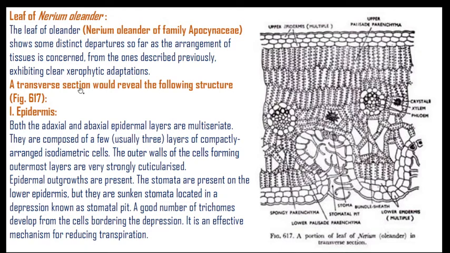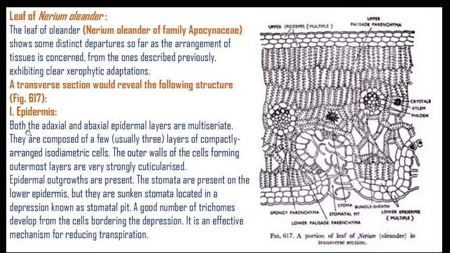The transverse section of a Nerium oleander leaf reveals the following structures: epidermis, mesophyll cells, vascular bundles, and sunken stomata and trichomes. First of all, we learn about epidermis.